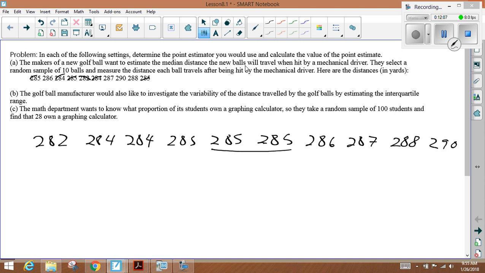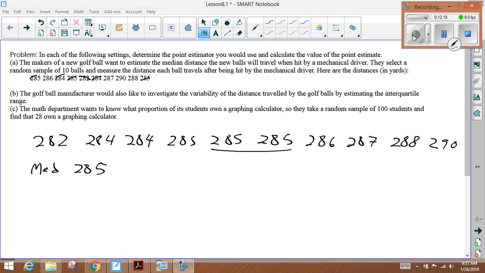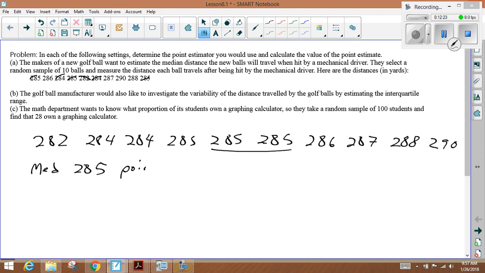So our median is 285. Okay, so that's going to be our point estimate. So here's our point estimator, and we kind of went over how we calculated it. Okay, so B.